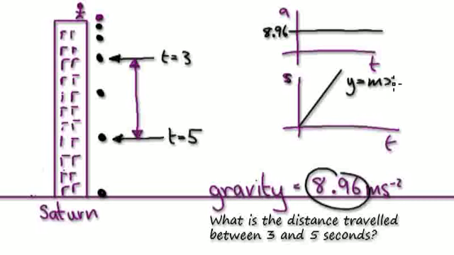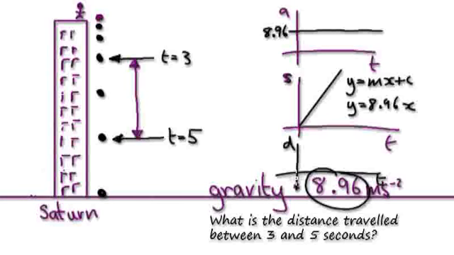Immediately inside your mind, visualize y equals mx plus c, and the gradient is 8.96, so y equals 8.96x. And then your distance time graph will be like this. But we don't actually need this. Let's just stick to the speed time graph.